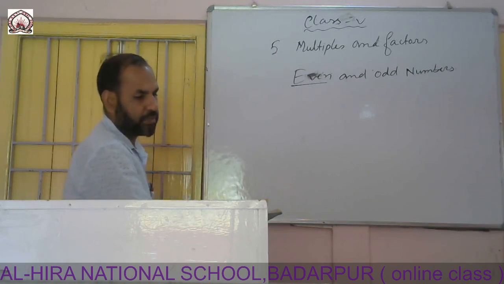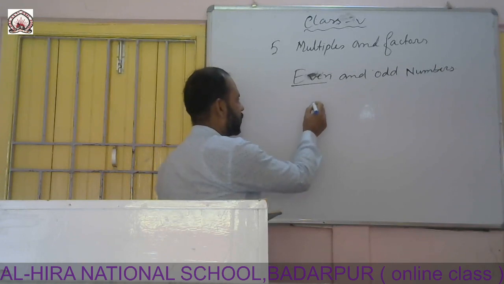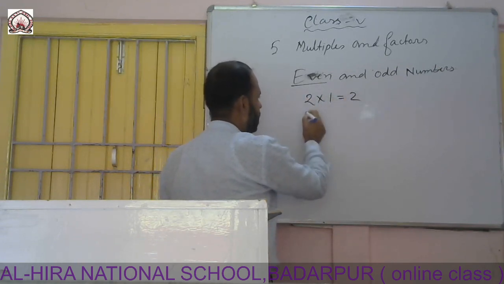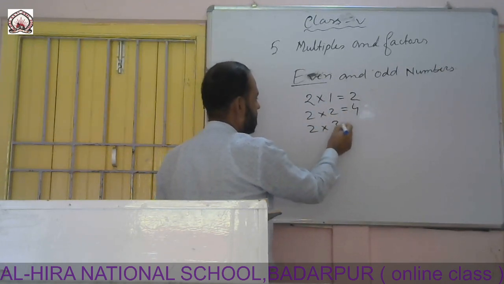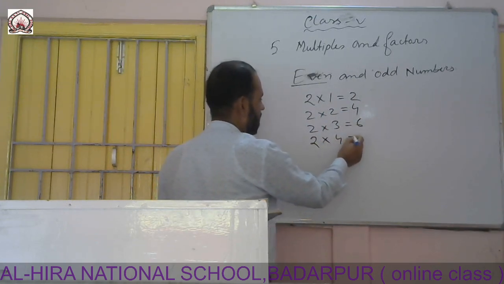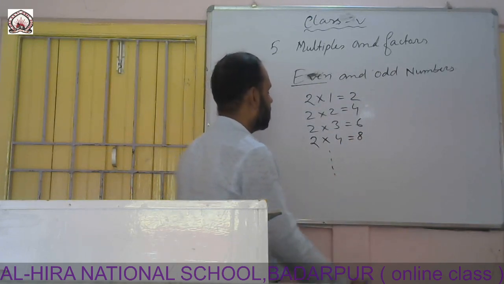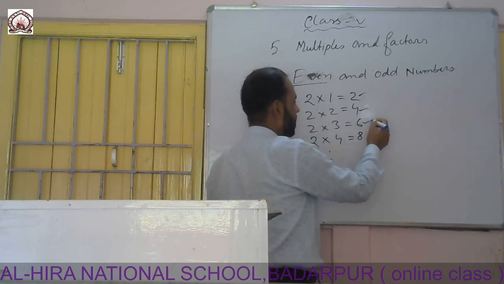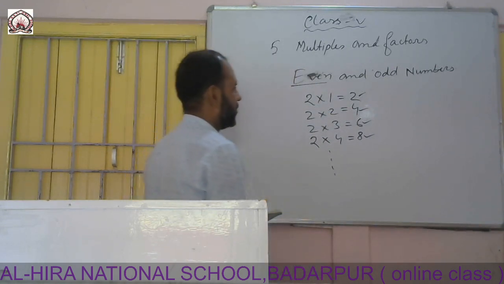Numbers that are multiples of 2 are even numbers. Multiples of 2 means 2 ones are 2, 2 twos are 4, 2 threes are 6, 2 fours are 8. So here 2, 4, 6, 8 are even numbers.